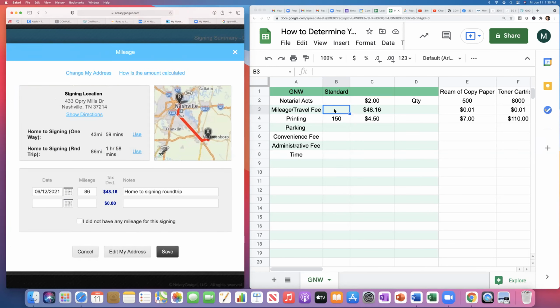Okay, so we've got 86 miles. I have another input, and that's what they charge. Is that 57 cents per mile? 48.16 divided by 86. 56 cents per mile is what that is, okay?